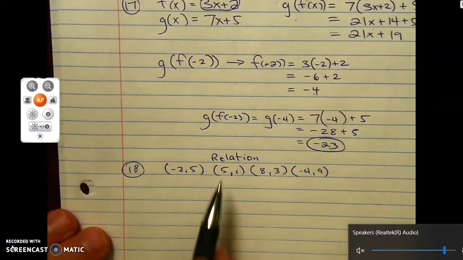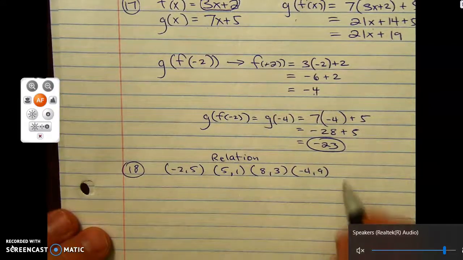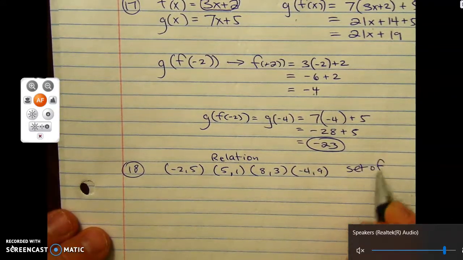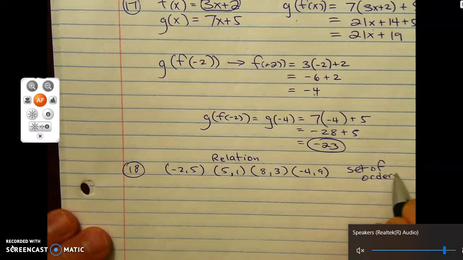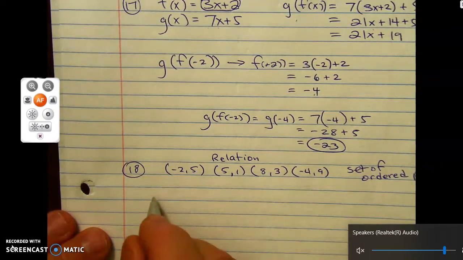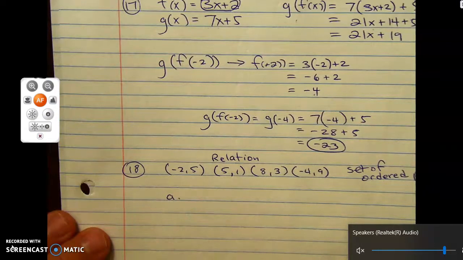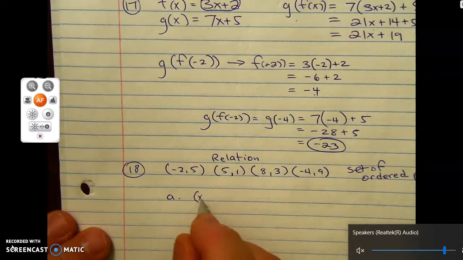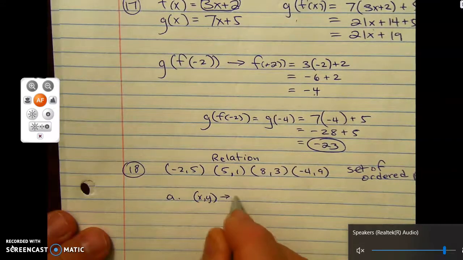All right, guys, a relation is just a set of ordered pairs, which is what we have here, okay? Now, if we want to find the inverse of this relation, all we do, so this is the answer to 18a. To find the inverse, we just switch the x's and the y's. So now we'll do y comma x, and that'll be the inverse.